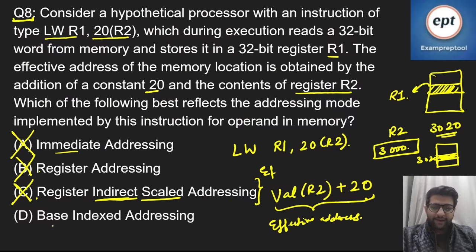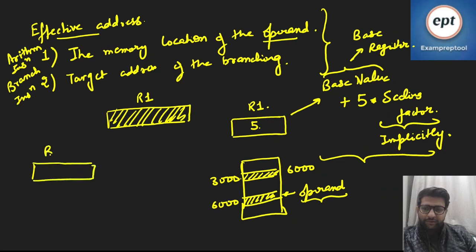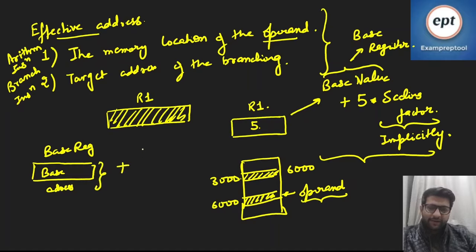The fourth option is base indexed addressing. This is correct because in base index addressing, we have a base register which will store the base address, or we can have the base address in the instruction itself, and then we have an index register which will store the index.